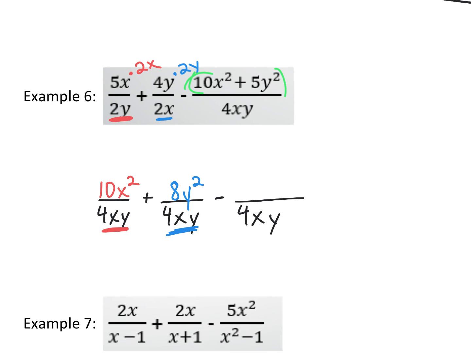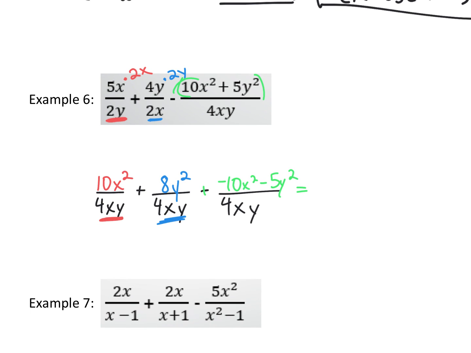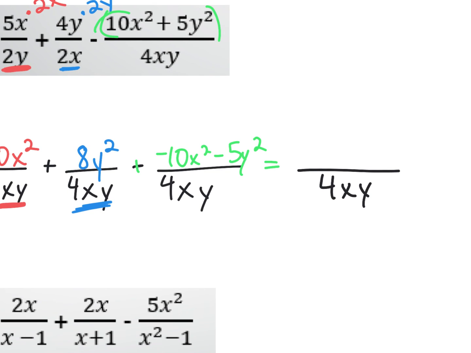So it's negative 10x squared minus 5y squared. Good. So my denominator is still going to be 4xy, and my numerator, what do we think? Yeah, 10x squared minus 10x squared cancels, and then 3y squared. Got it.